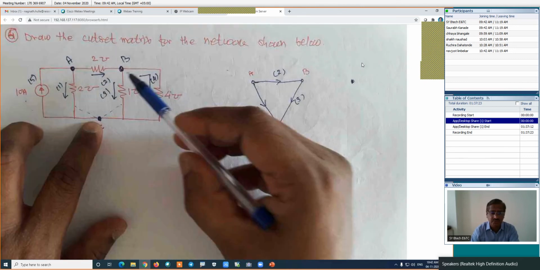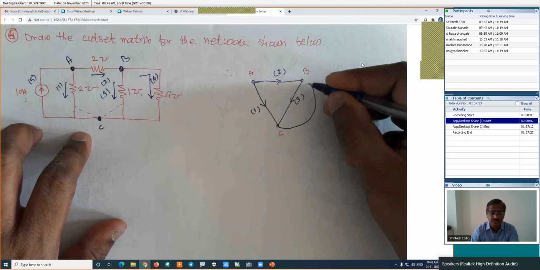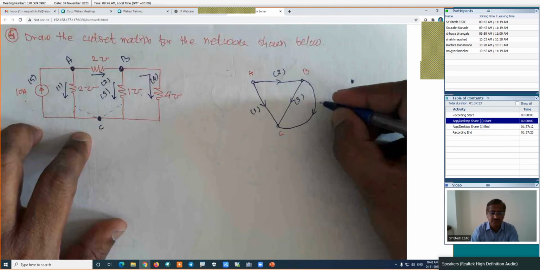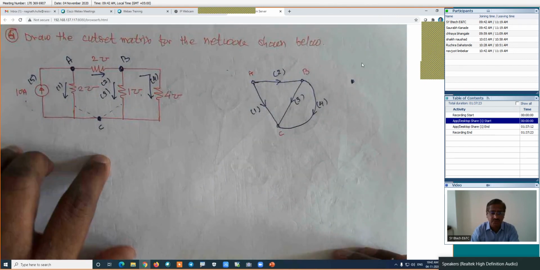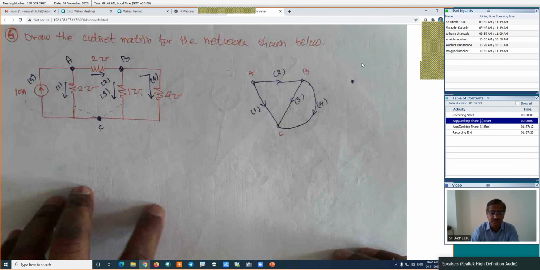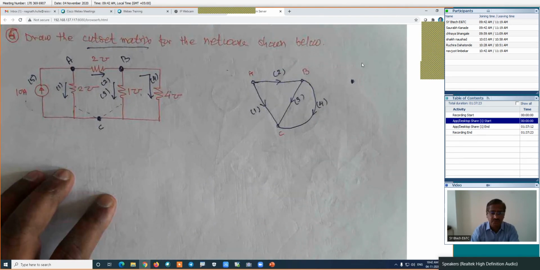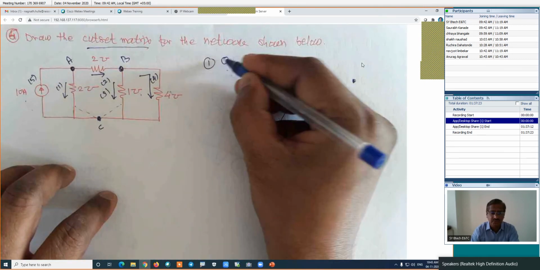At the same time, between B and C we have another element, and this direction is downward again, and it is branch number 4. This will be the oriented graph. What is our aim? Our aim is to prepare the cut set matrix. And for the preparation of the cut set matrix, we have to consider the tree first. This is the oriented graph. This is step number 1, which is the oriented graph.